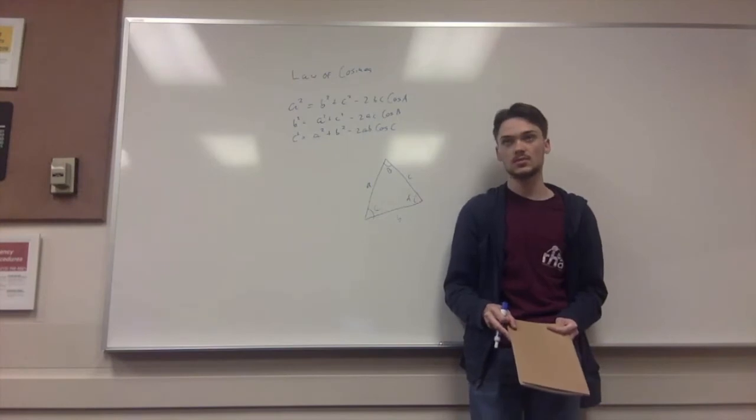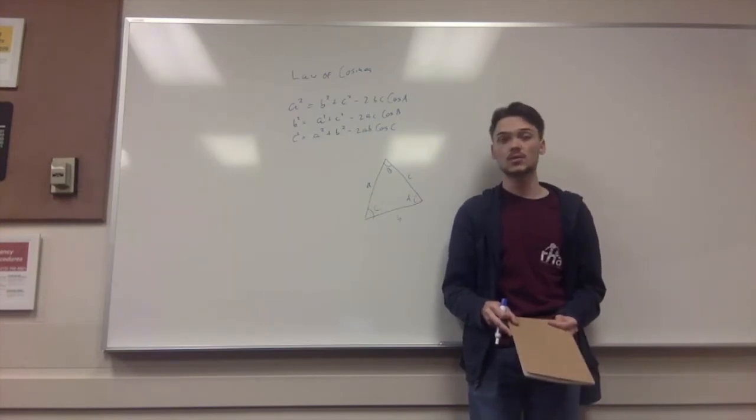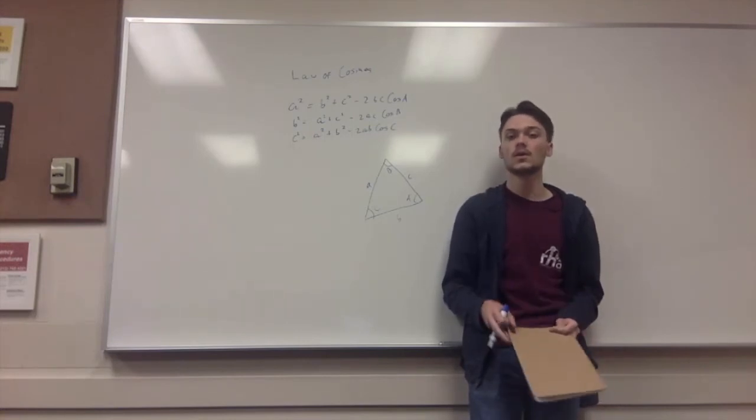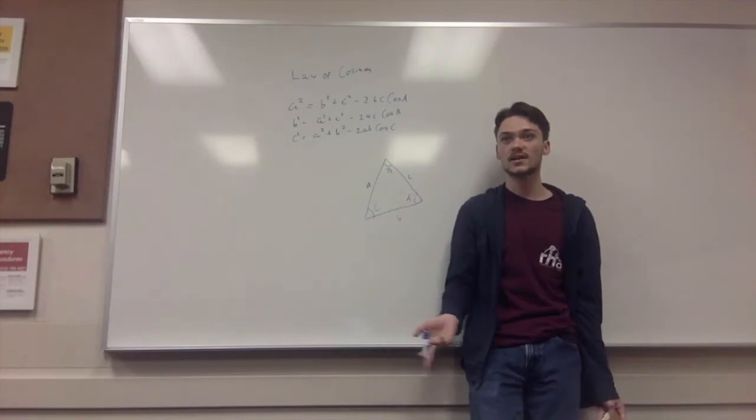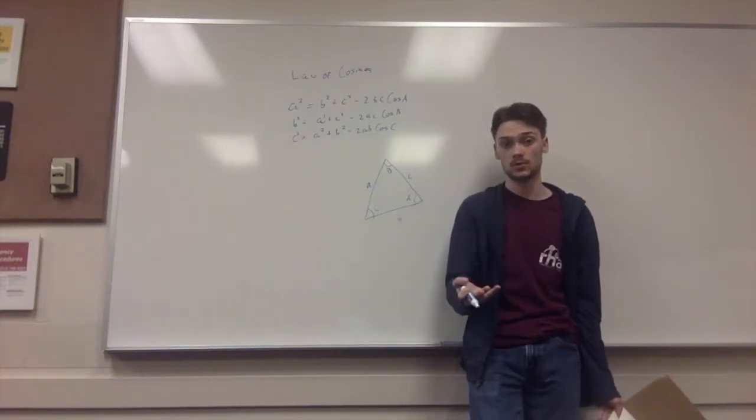For example, you have two sides and an already existing angle, then you can use proportionality and inverse trig functions to just solve for the angle inside the sine. But the law of cosines is more used to find a side. It's more convenient that way because it's already set up for that.